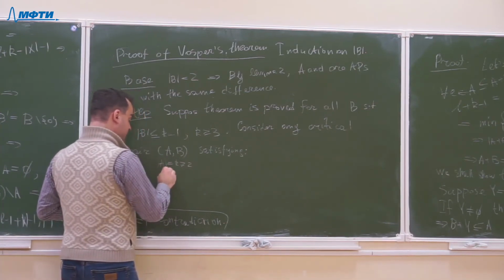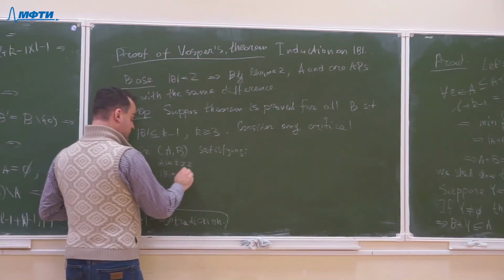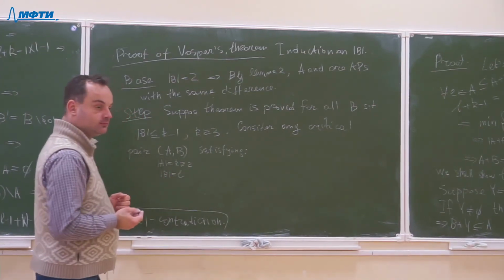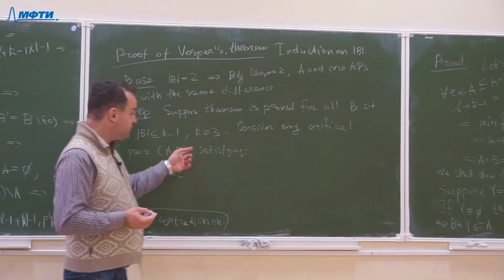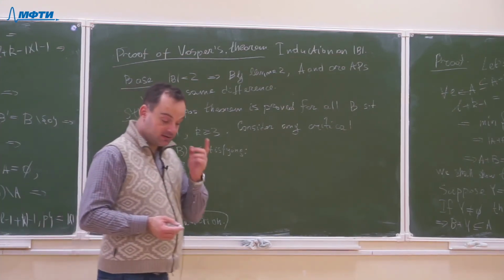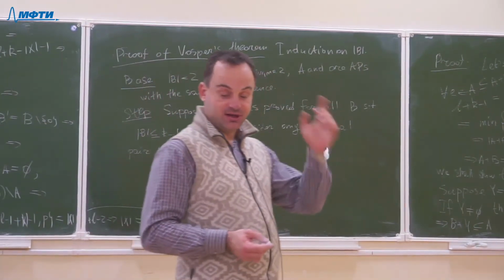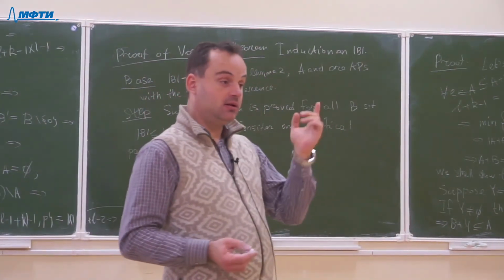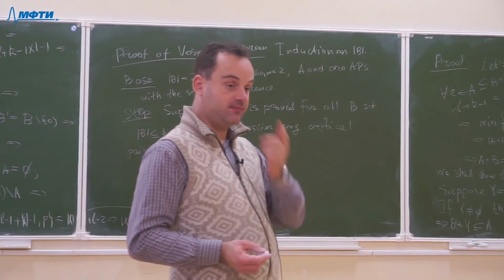The cardinality of B is L. Well, if the cardinality of A is 1, everything is clear, right? Because a one element set is an arithmetic progression, and by lemma 1, everything is an arithmetic progression.